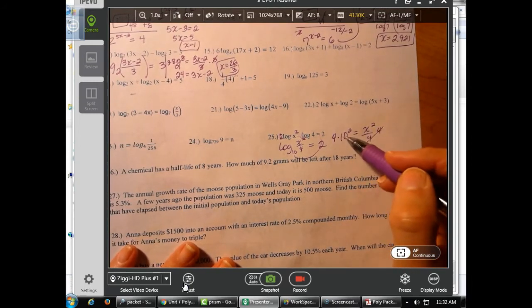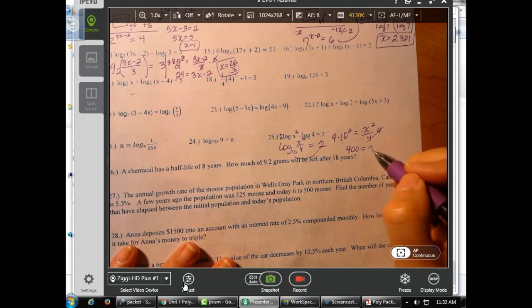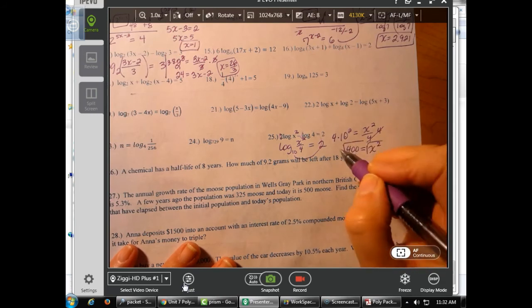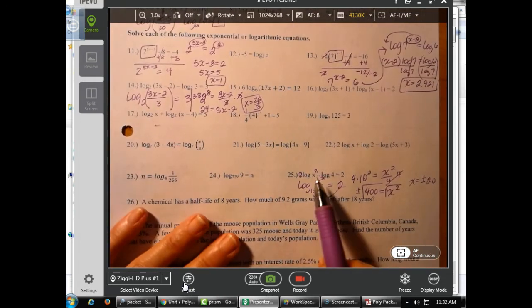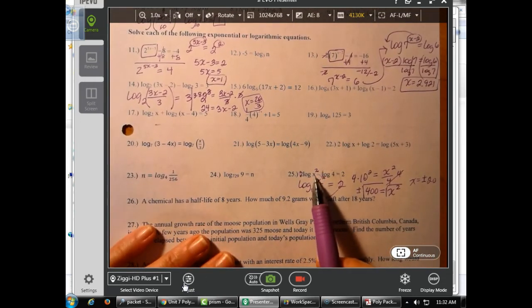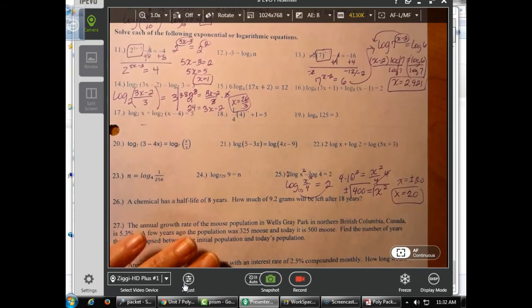So here I get 100 times 4, and that's going to be 400, of course. And when I take the square root of both sides, remember plus and minus, I get x is plus and minus 20. Now, I have to go back to the original equation, not this one that I have here, but when x was by itself and 2 is out front. And the negative 20 is not going to work because you cannot take the log of a negative number. So that would be the answer for that one.